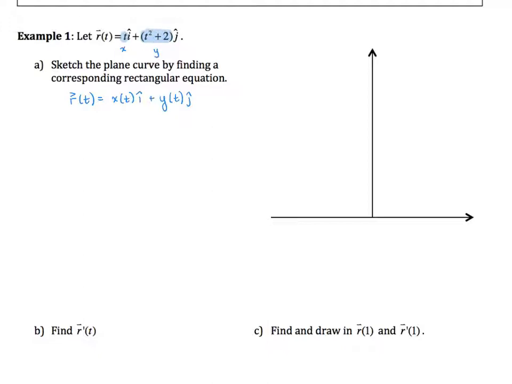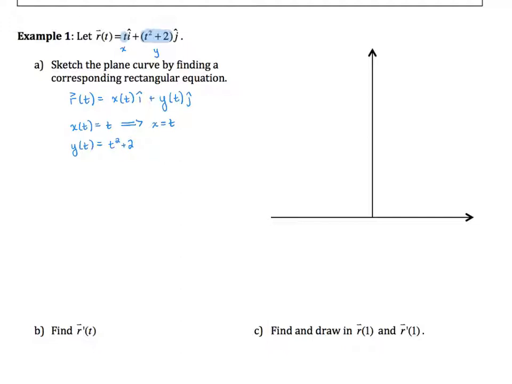In other words, the component functions are defined as such. x of t is t. y of t is t squared plus 2. From this first one, we could say x of t, or we could just say x. The of t part is really just a good math manners thing. So x equals t.